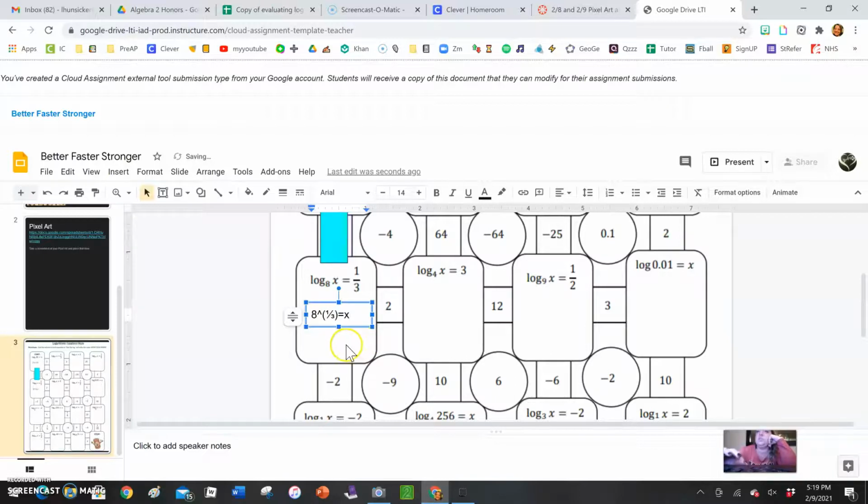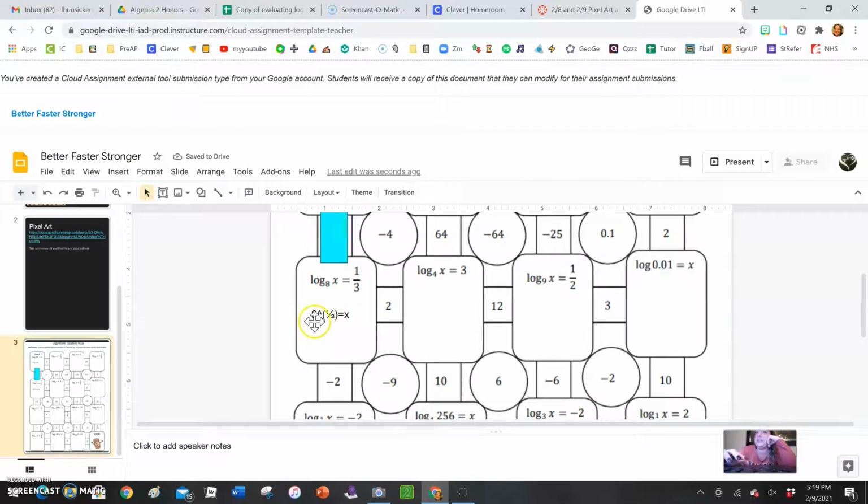And the cubed root of 8, my choices again are 2, -2, or -9. No fractions were involved in this, right? The 1/3, remember, means cubed root. So this answer is 2. So I'm just going to insert a shape. I know I'm going sideways.